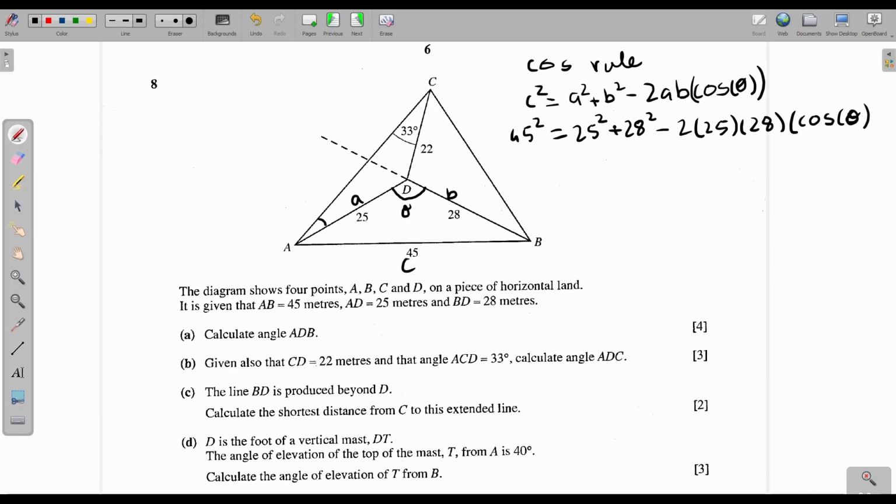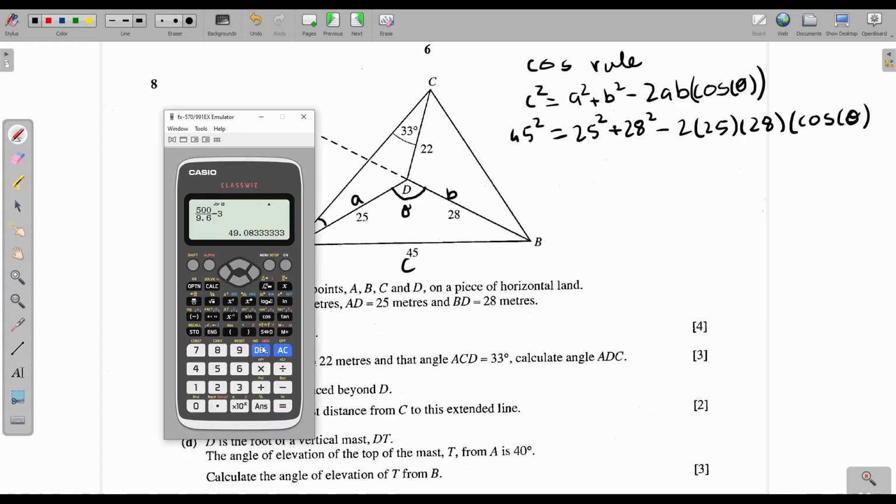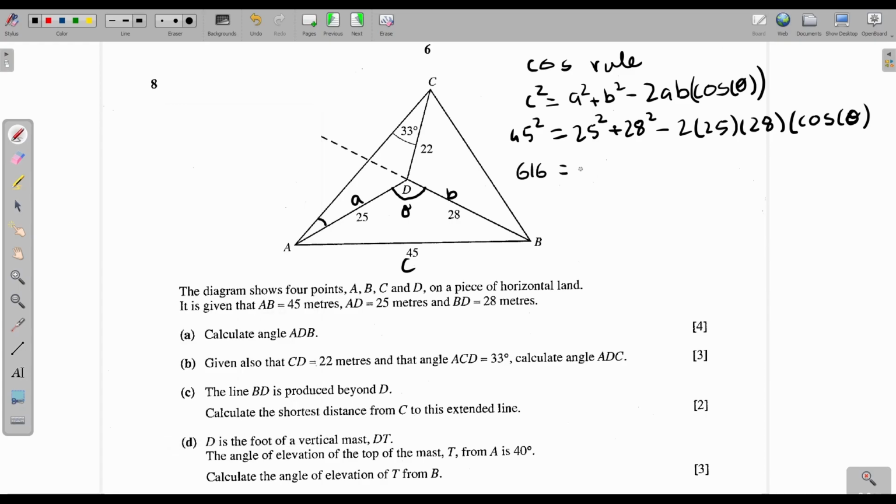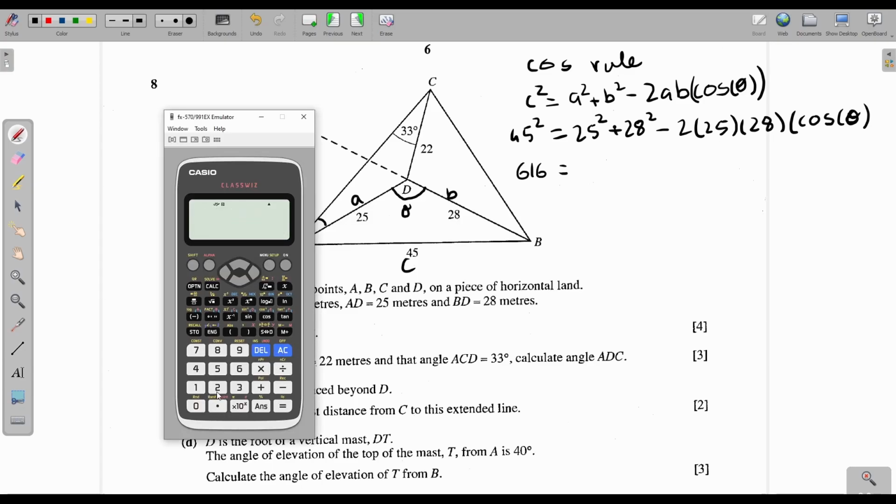All right, so let's simply use our calculator for a lot of these. So 45 squared, and I'm just going to subtract from this 25 squared plus 28 squared, since that's the first thing we were going to do anyway. So that gives us 616. So 616 is equal to, let's also make this a full number, 2 into 25 into 28.